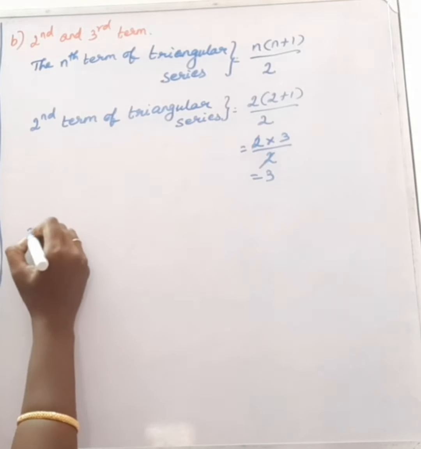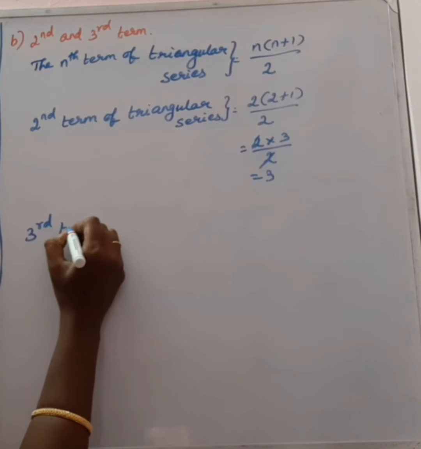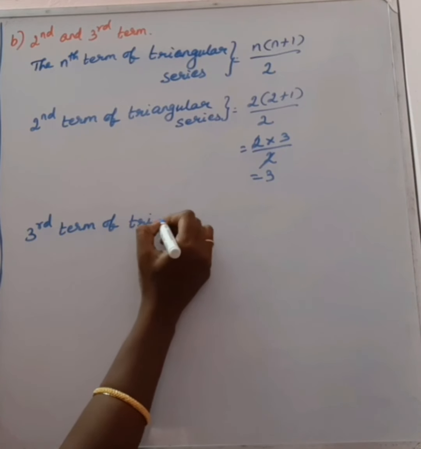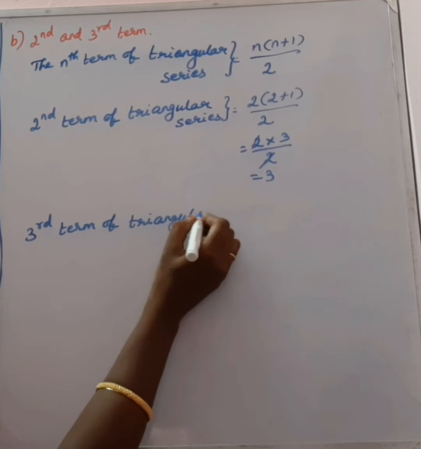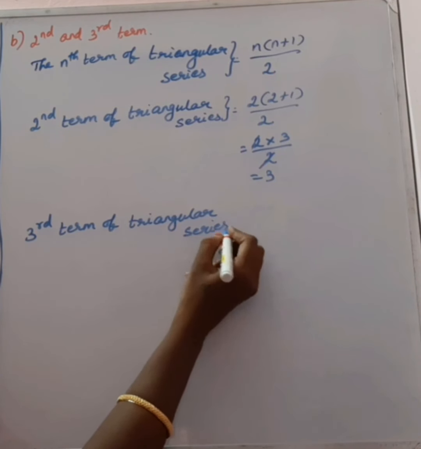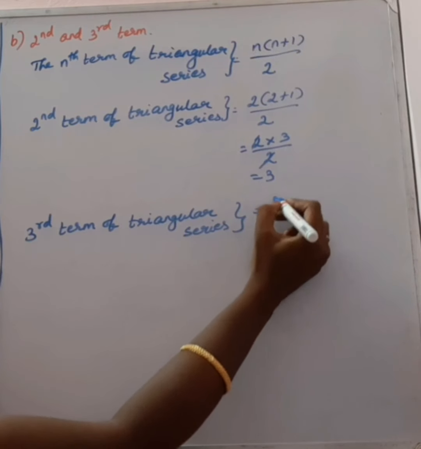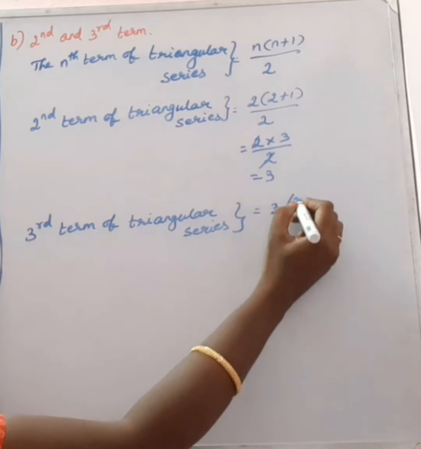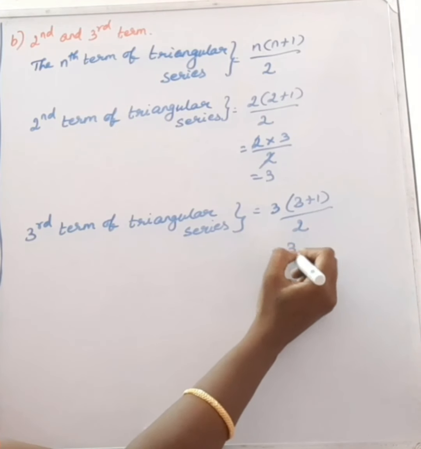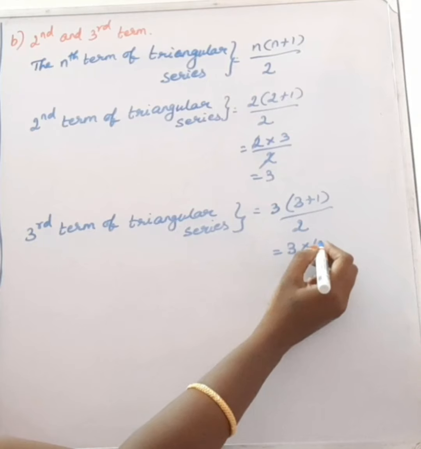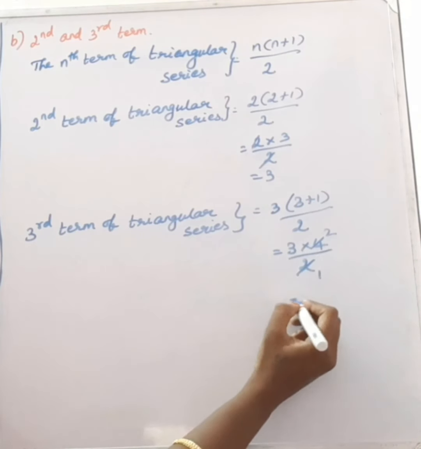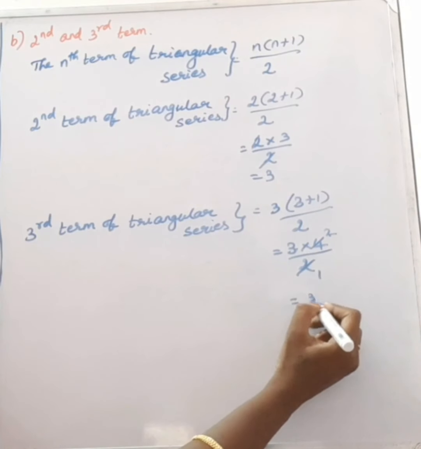Next, third term of triangular series is equal to 3 into 3 plus 1 by 2. So 3 into 3 plus 1 is 4. Very good. 1 time and 4, it is 2 times. So 3 2s are 6.